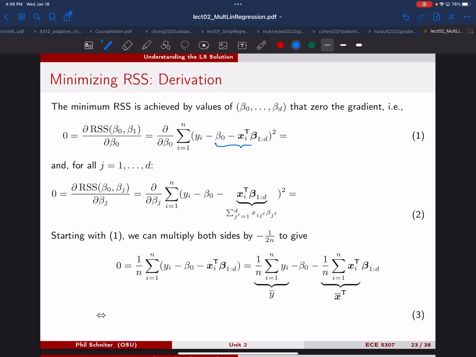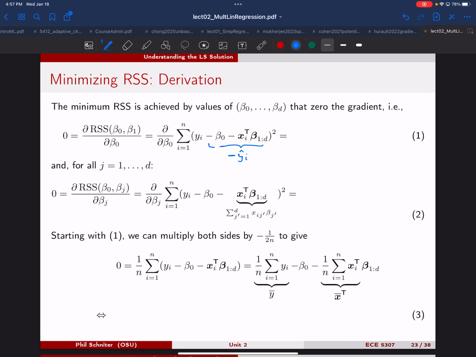So if you remember, we're writing y hat I like this. This is actually minus y hat I. So what happens then? If I want to take the partial derivative with respect to beta 0 of this, first step, slide it through the sum, right? Then apply chain rule. So I'm going to have 2 times this whole thing times the partial derivative of this with respect to beta 0, which is minus 1.